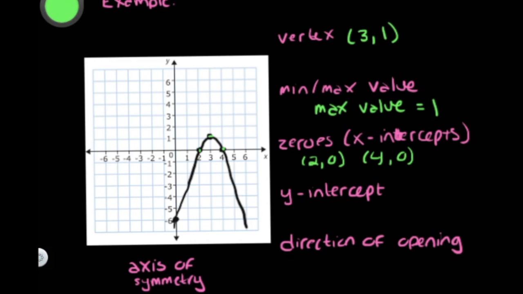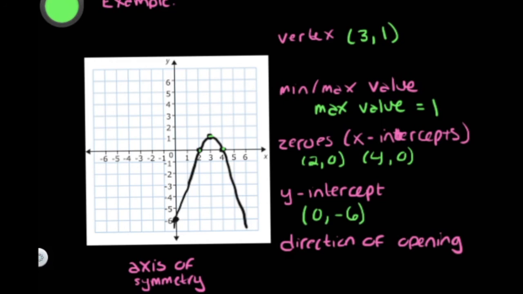Now y-intercept, where does this parabola cross the y-axis? It's not great the way I've drawn it, but we can see that it's crossing at -6. So the coordinate for where it crosses is at 0 on my x and -6 on my y.